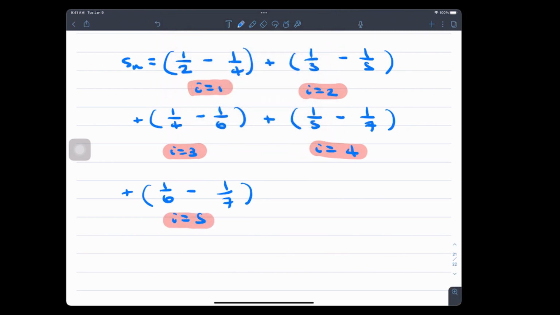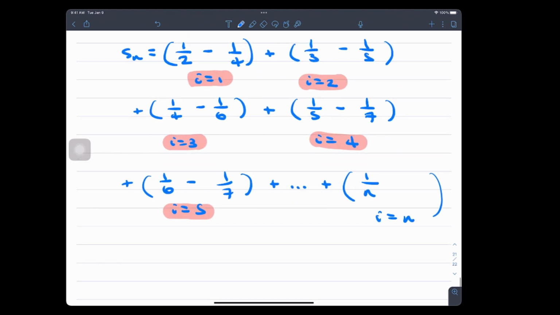Now, generally speaking, this pattern continues all the way up to when i is n. And you go, well, what's that going to be? Well, 1 over n plus 1, I apologize, minus 1 over n plus 3.